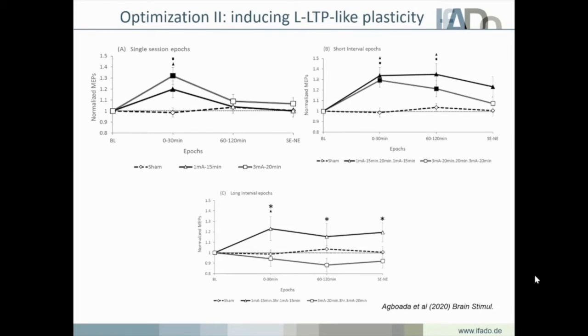With a long interval stimulation, that is result number C, there was no late phase for either of the protocols. For the standard protocol, there was only a slight enhancement in cortical excitability, whereas for the optimal protocol, there was a diminution of excitability.